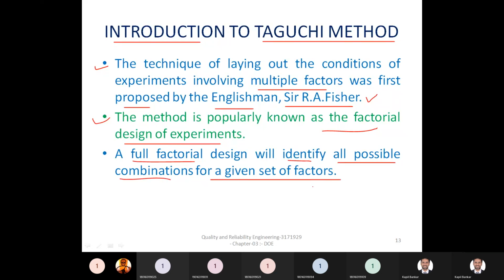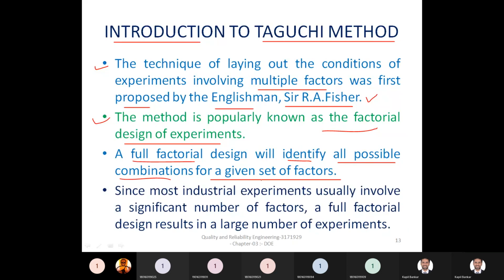As I told you a number of times, in full factorial design, you must consider all possible factors for your given sets of factors to execute your experiment. But if you do so, then it will be very lengthy, very tedious, and it will use a number of resources, and it will take lots of time to conduct the experiment.